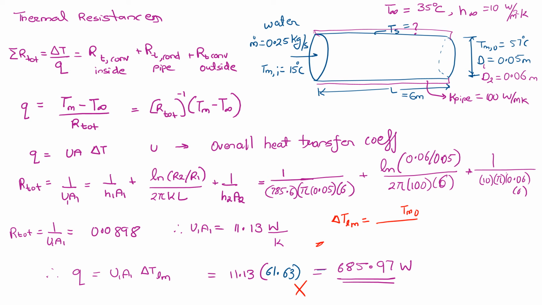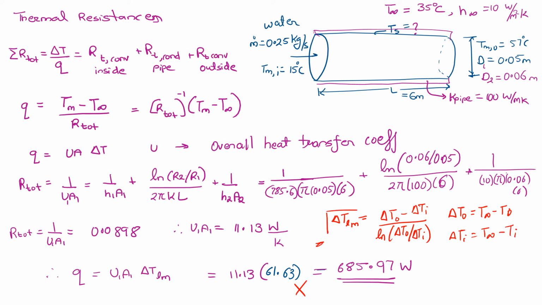Sorry about that. So this will be delta To minus delta Ti divided by ln of delta To divided by delta Ti. But the definition of delta To will now be T infinity minus Tmo, and the definition of delta Ti will be T infinity minus Tmi.